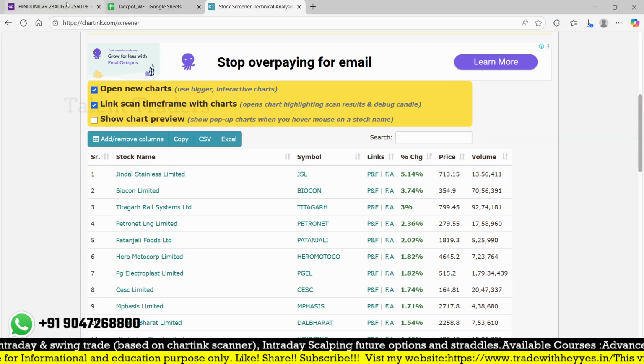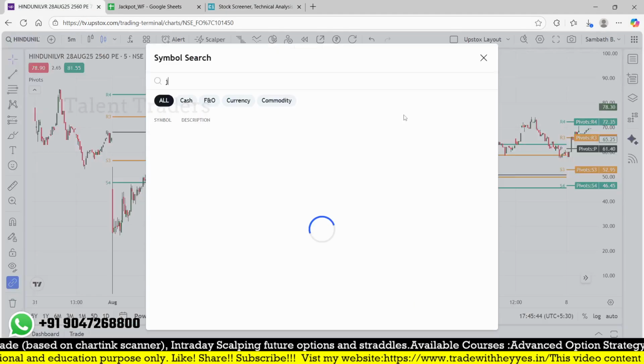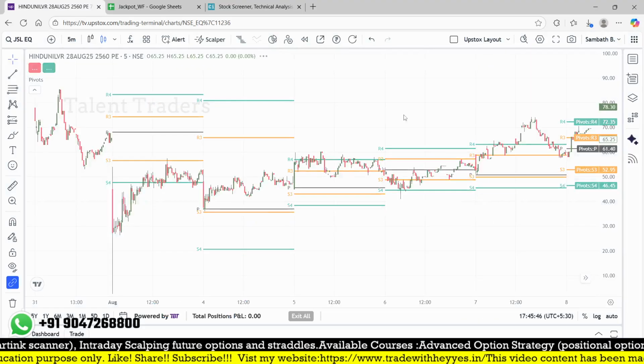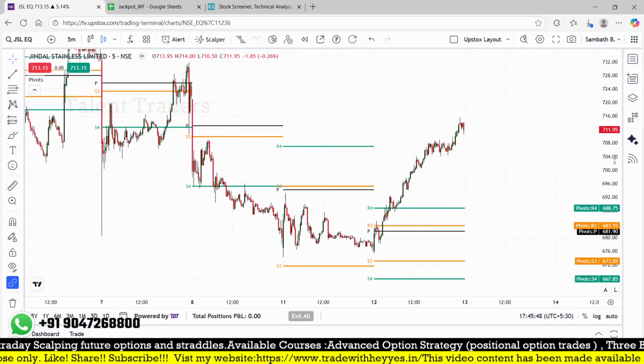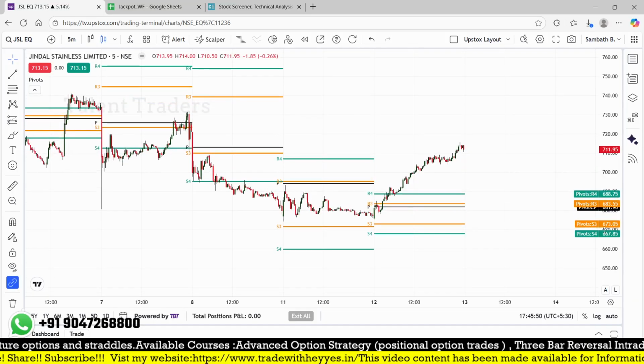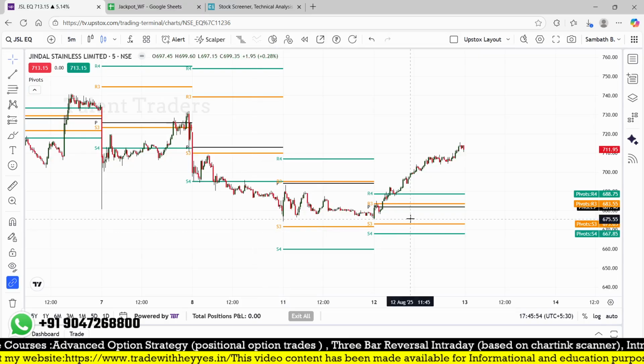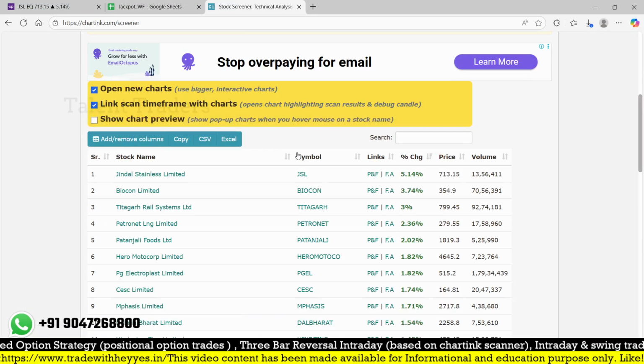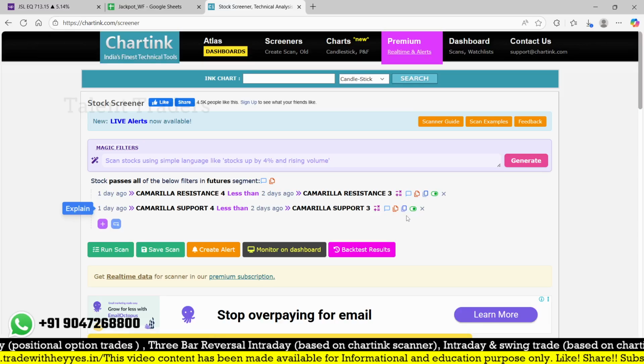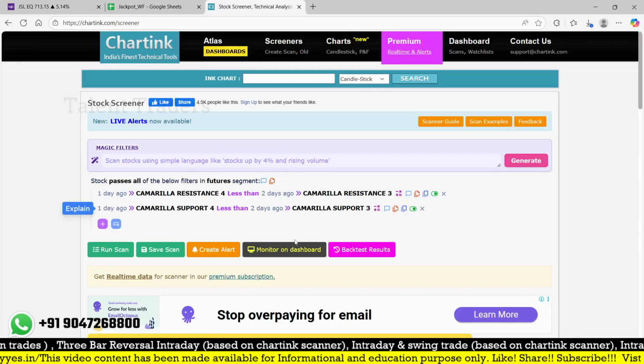JSL. Let me check JSL today. Looks like, for support 3, resistance 3.